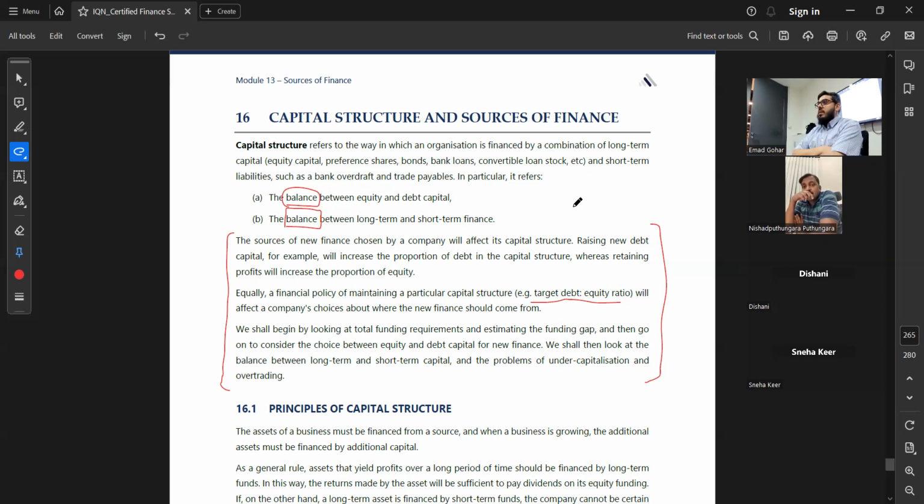Very nice. And because the cost of debt is also lower than the cost of equity. But equity requires a rate of return higher than debt and is riskier.